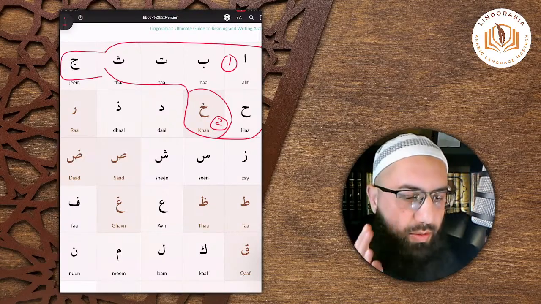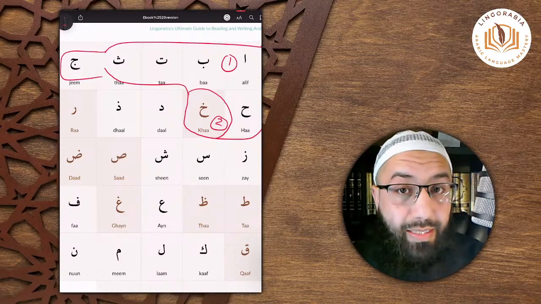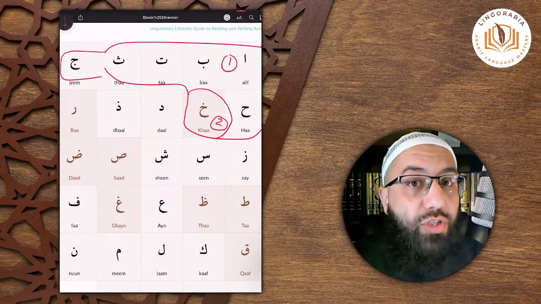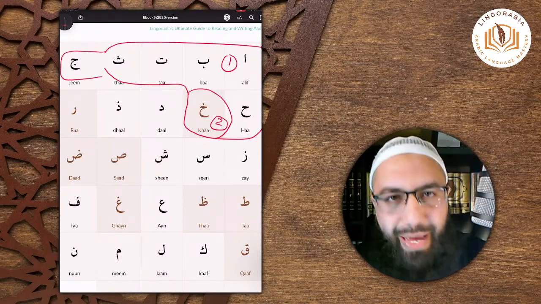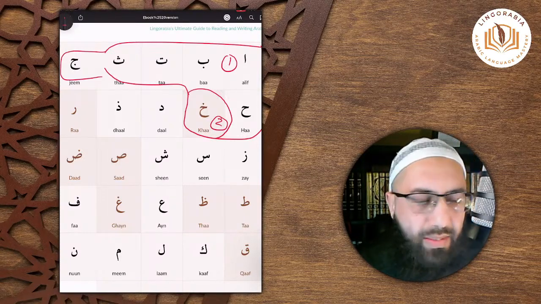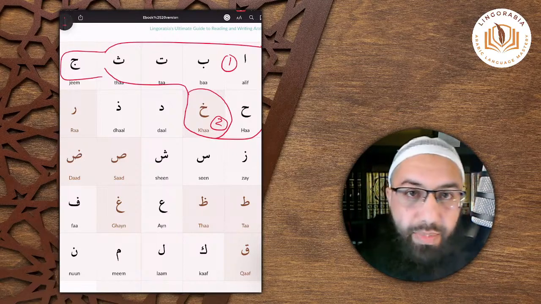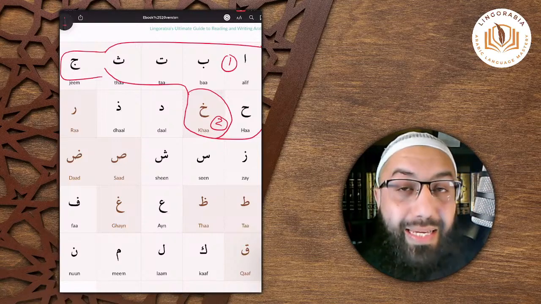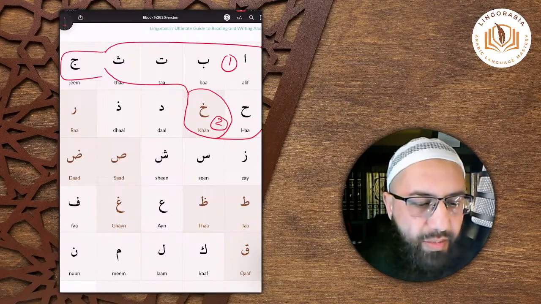On one side you have these six letters, and on the other hand you have the letter kha. The first group has something in common, and the kha is the odd one. It has a very specific characteristic that the other ones don't have.